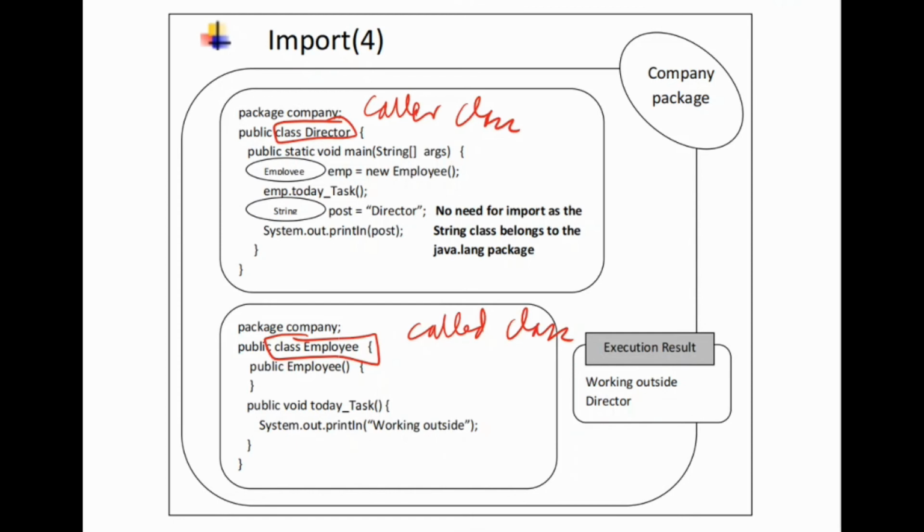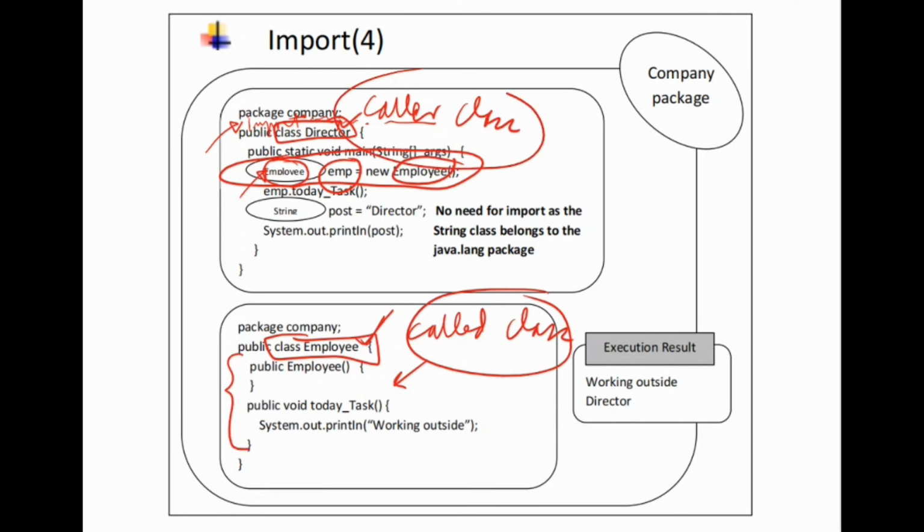How does the caller class director call the Java class employee? It's in this line. We instantiated the called class. So why could we access employee directly with no need for an import statement here? Because the called class and the caller class belong to the same package.